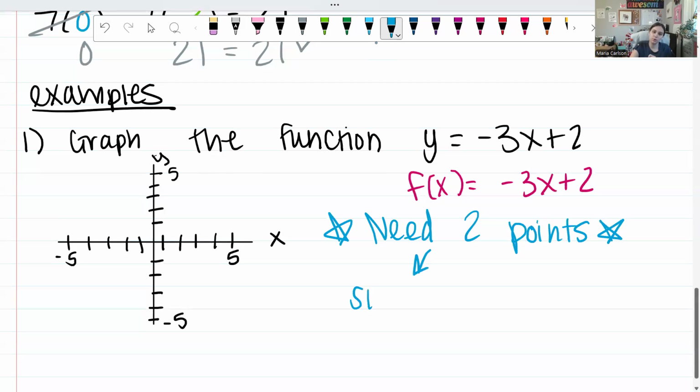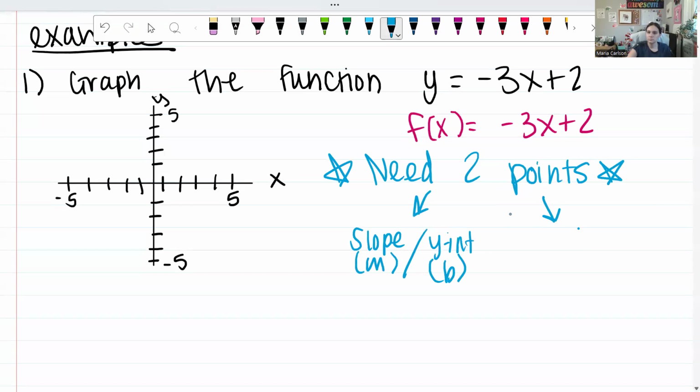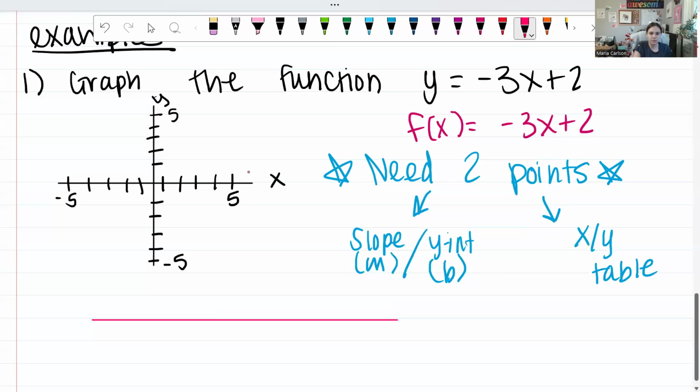So you could do slope or your m value and the y-intercept, which some of you would prefer, or you can create an XY table. And we only need 2 points, which is what we're going to do. So I'm going to create a little XY table here.